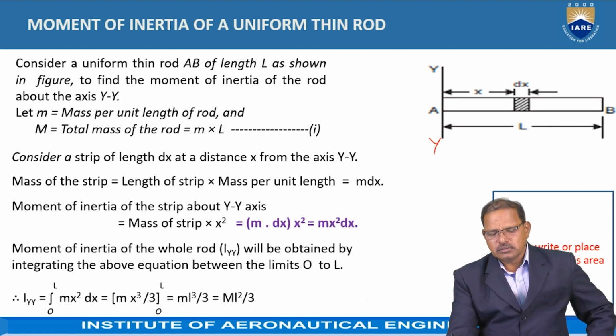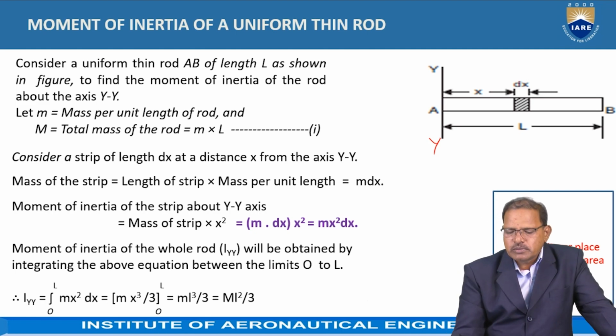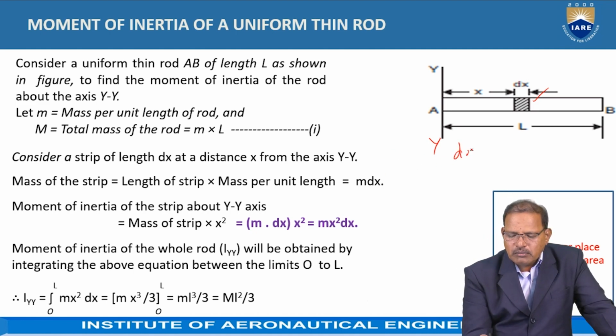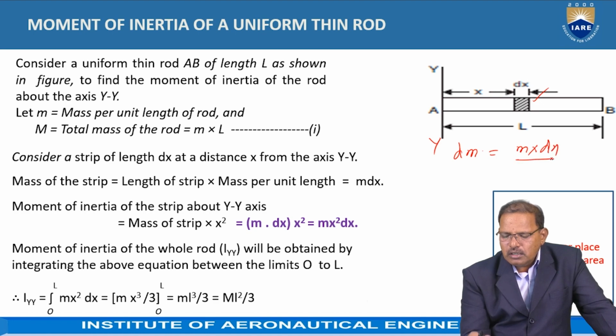Let L represent the length of the rod and m represent the mass of the rod per unit length. So the mass possessed by the dx length of the rod, that is dm, is equal to m into dx.